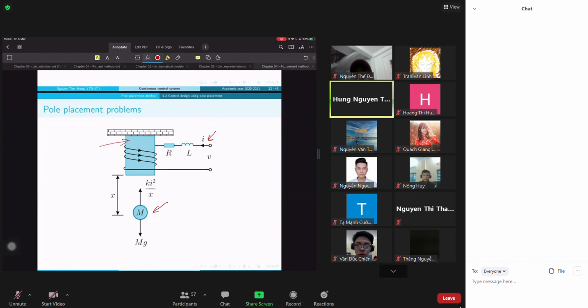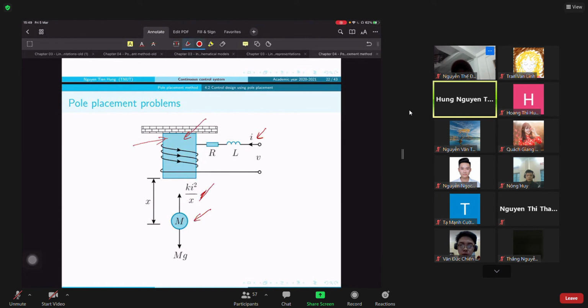We know that when we put the current into the electrical magnet, the magnet will attract the metal ball. We introduce a force like this. And the ball also has the gravity force like this, and if we balance the attraction force and the gravity force, then the ball will be at any position X we want.